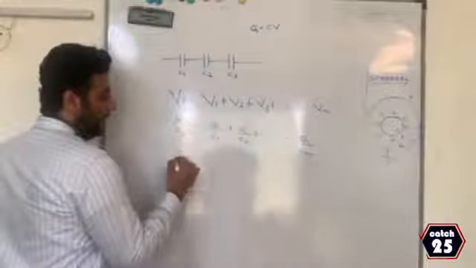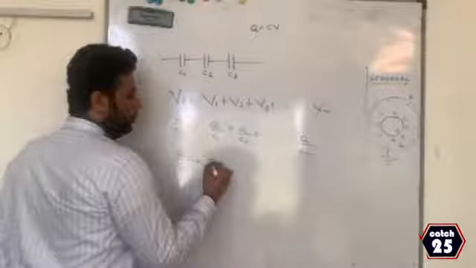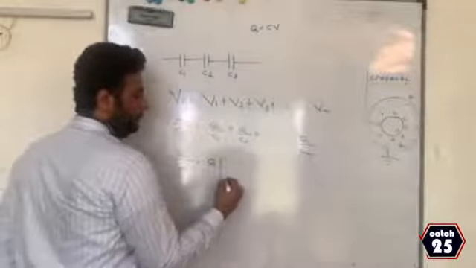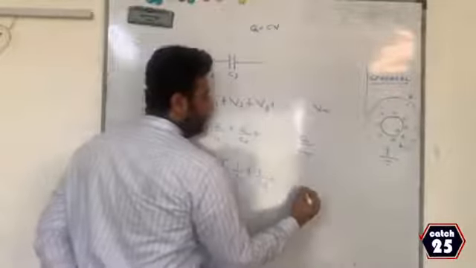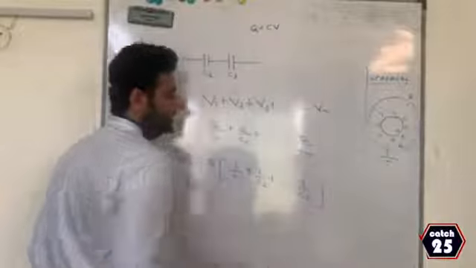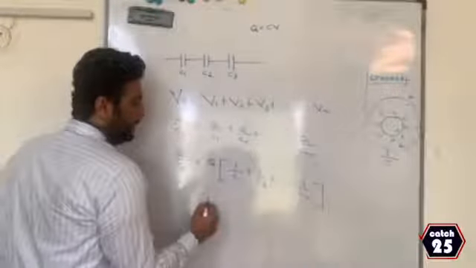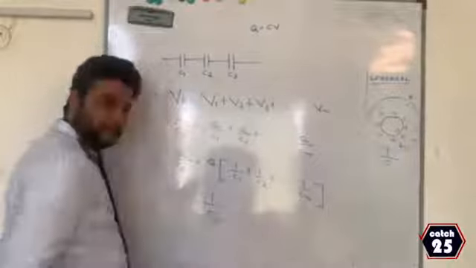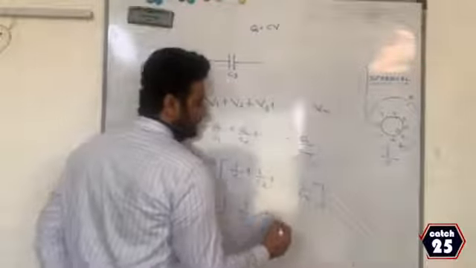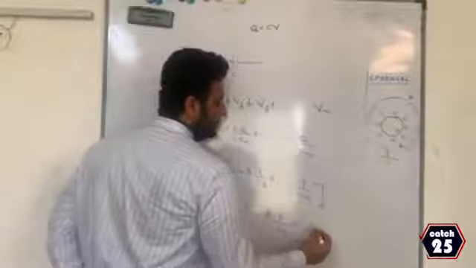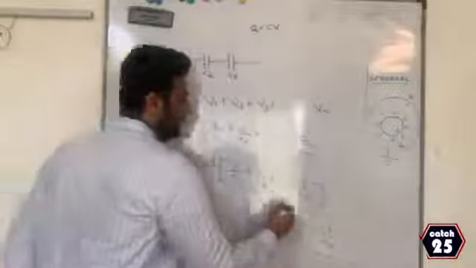Therefore, I can write Q by Cs is equal to Q common, 1 by C1 plus 1 by C2 plus dot dot dot 1 by Cn. Q cancels. Therefore, capacitance in series: 1 by Cs is equal to 1 by C1 plus 1 by C2 plus 1 by Cn.